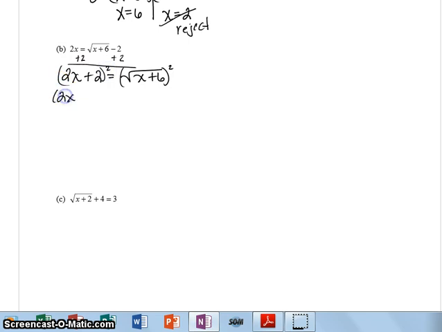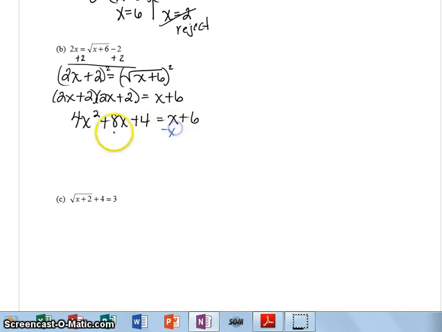So again, I'm going to be left with 2x plus 2. I'm going to write it out twice, so it's a little bit easier to FOIL, and that's equal to x plus 6. Okay, so first I'm going to get 4x squared, outers plus 4x, inners plus 4x, so I get plus 8x plus 4 equals x plus 6.